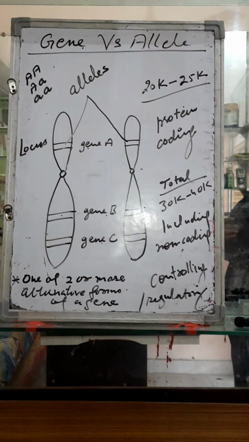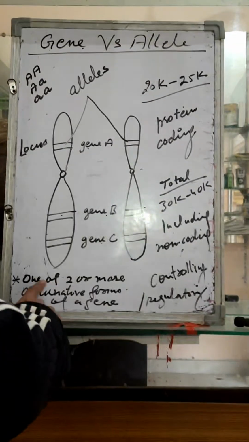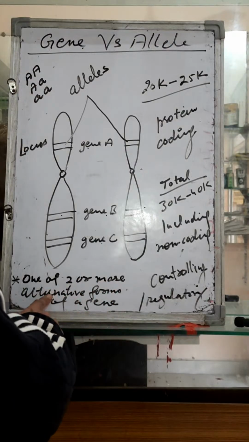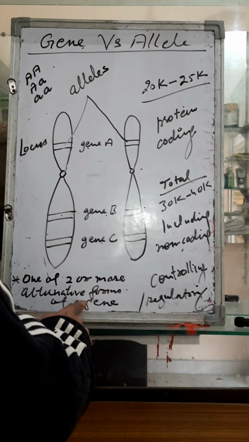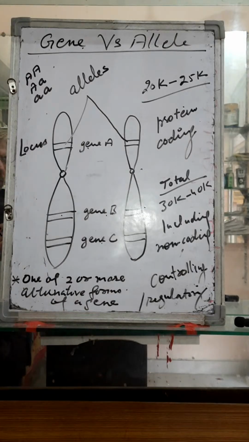One of two or more alternative forms of a gene is known as an allele.